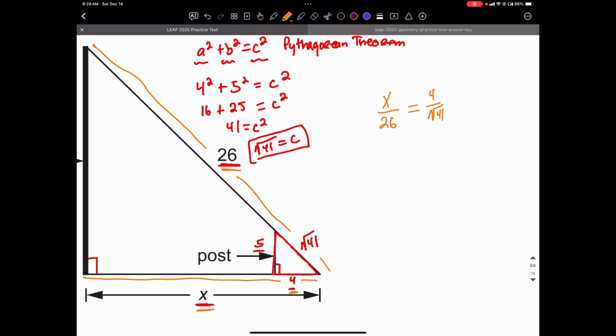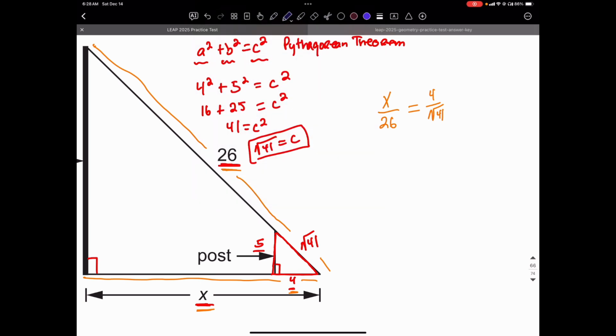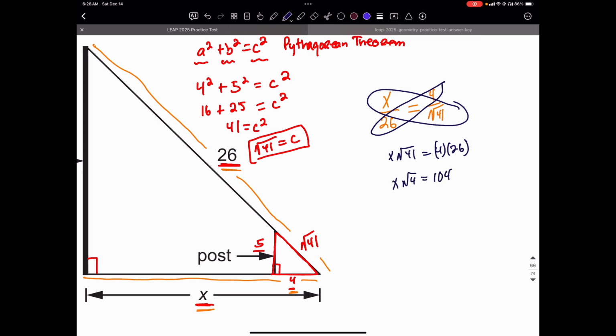So you know what to do. Let's go ahead and use our butterfly method, right? 4 times 26, x times the square root of 41. So x square root of 41 equals 4 times 26. x square root of 41 equals 104.